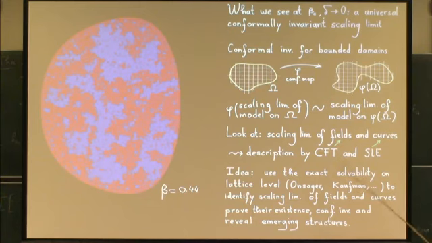What makes the Ising model special? Why do I speak about the Ising model and not another model? It's because the Ising model has some extra features that allow us to understand this much more precisely than most other models. The model possesses some exact solvability on the lattice level, some relations. We spoke a bit about them last week.